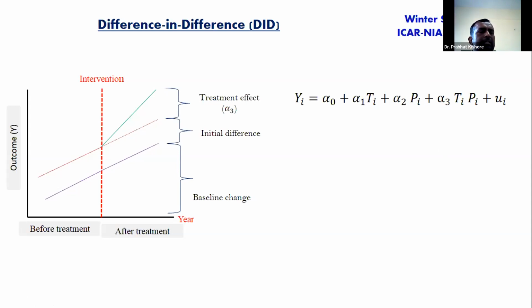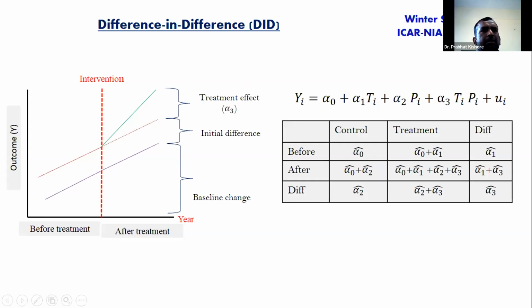For that, I simply put this model, and these are the interaction terms of both. Where we are interested is this one, A3, alpha 3. That is the treatment effect, and we wish to estimate it as accurately as possible.